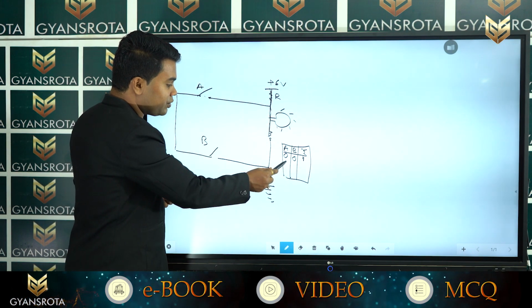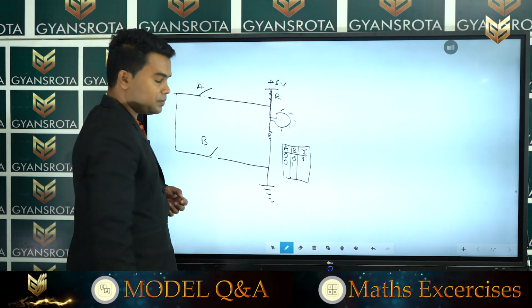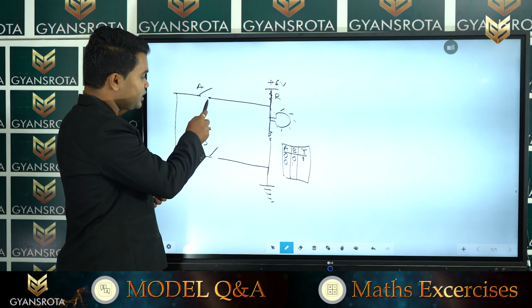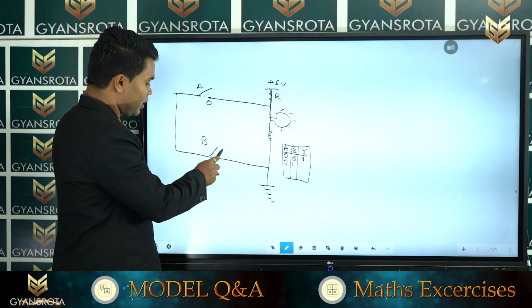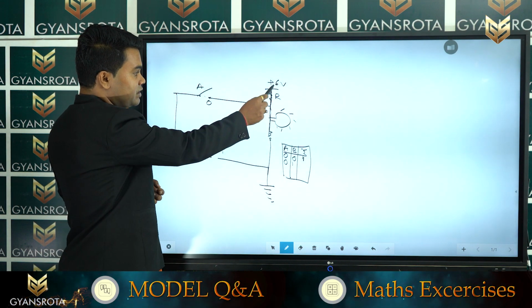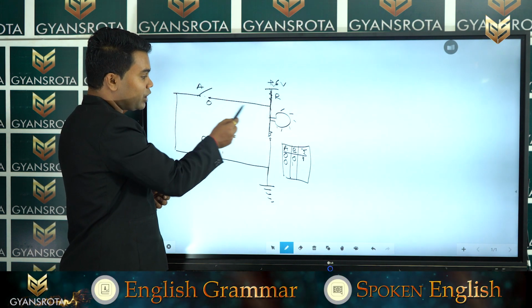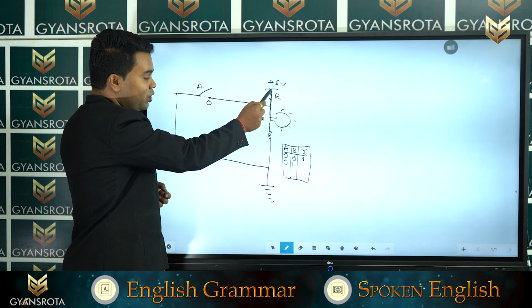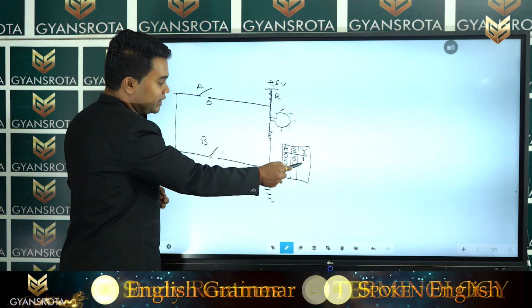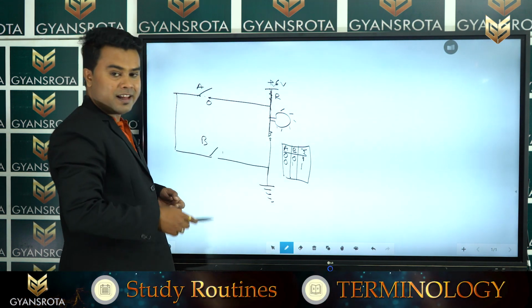Now I have a condition when it is 0 and 1. Again, this one is 0 and this one is 1. So this 6 volt will not flow through this one because this is already 0. It will be the non-conducting side. So the whole current will flow through this one and the bulb will glow, right?